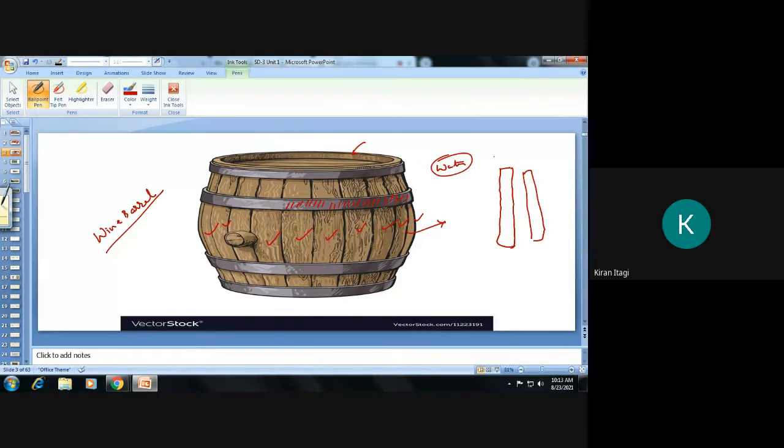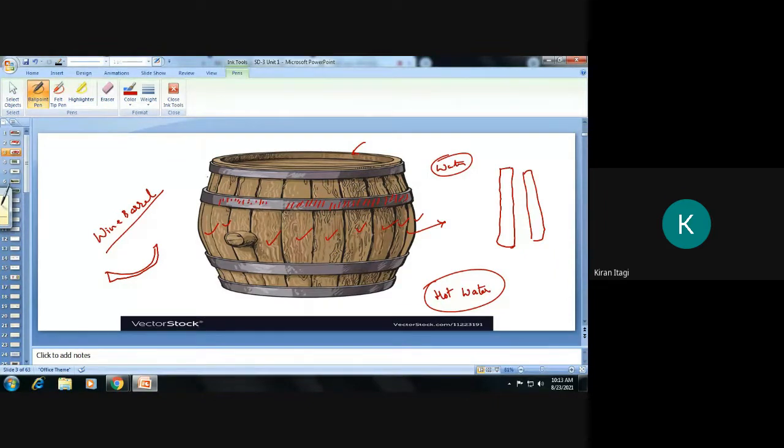What they will do is put this wood in hot boiling water, such that the wood becomes flexible and they can bend it. They will bend it like this, and this is what you see.